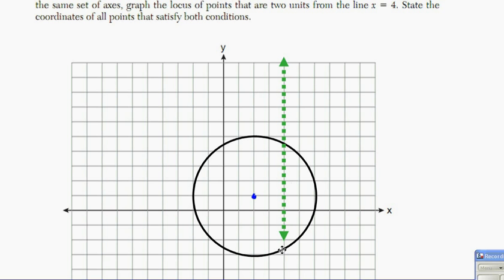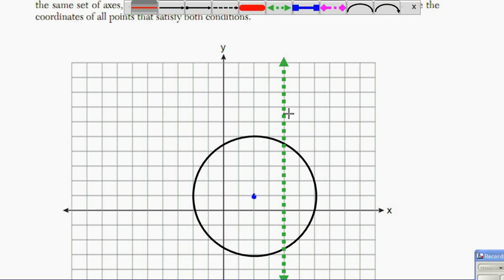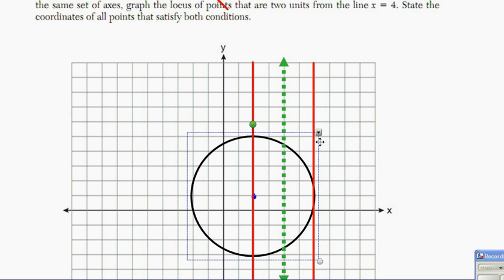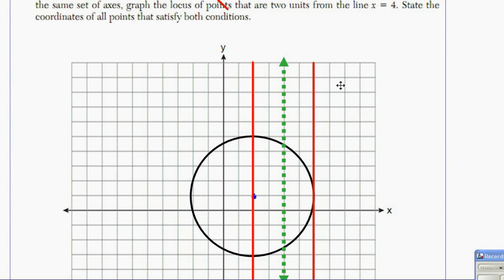So extend this one. 2 units away, that means we can have one line right over there, and that's another one. Notice the circle is a little bit off track, so that's why it looks a little bit off, but that's exactly what should happen.